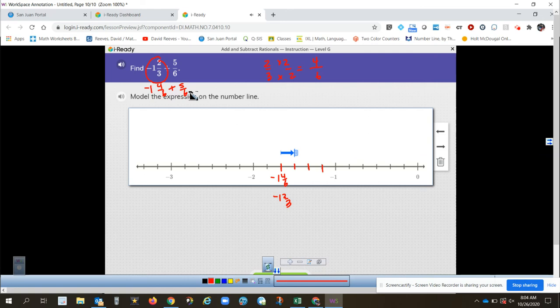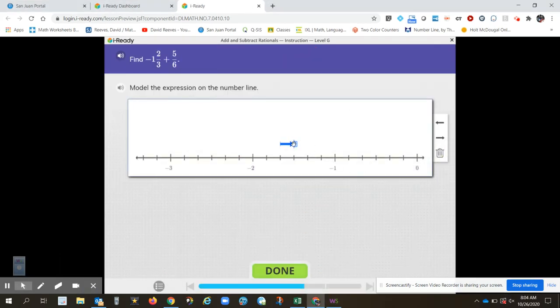So from there now, I'm going to count over. Okay, 1, 2, 3, 4, 5, 6. And when I'm done, whoops, what did I do here? Negative 1 and 2/3. Let me try this again. So this is indeed negative 1 and 2/3 right here.